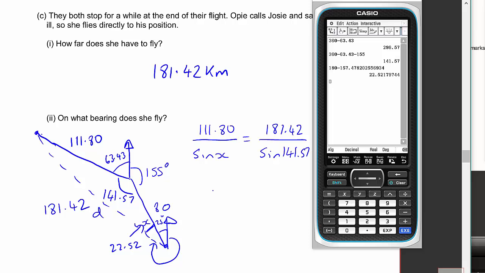So the angle I actually want is going to be 360, take away 22.52, take away 25. So 360, take away 22.52, take away 25, 312, and we'll give that just as a 3 figure.